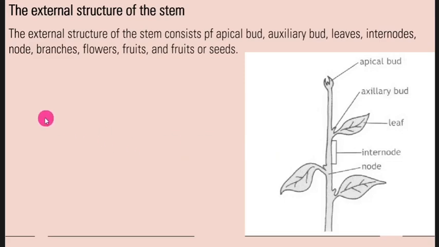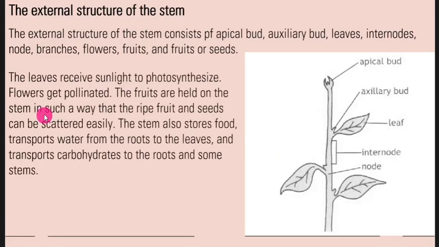Then what we should also know is that the leaves receive sunlight to photosynthesize. That is their function in a plant, to receive sunlight to photosynthesize or manufacture glucose. Then what about flowers? They get pollinated, so flowers get pollinated for fertilization.